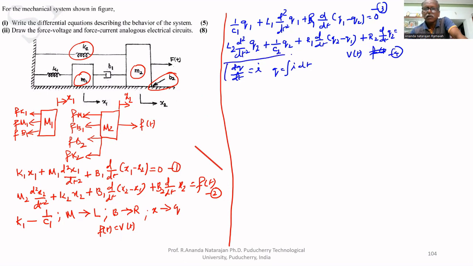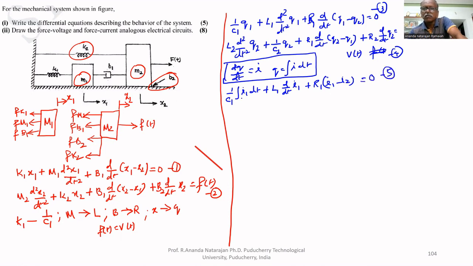By using these two relations, we can rewrite the above equations in terms of I. So 1 by C1 integral of I1 dt plus L1 d by dt of I1 plus R1 times (I1 minus I2), since dq by dt is I, equal to 0.